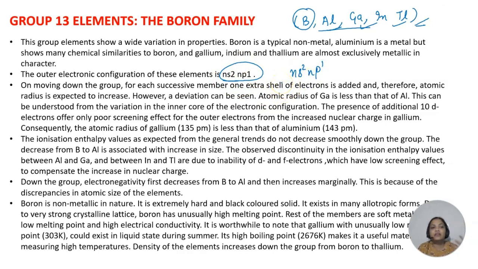Now, if I am talking about the trends, so in the last chapter in periodicity, we have discussed it in detail. So here we will be just talking about the trend and whenever there is some exception. So on moving down the group, you know, one extra shell gets added from boron, aluminium, gallium. So what happens is the atomic size should increase. So the expected size should be boron, aluminium, gallium, indium and thallium.